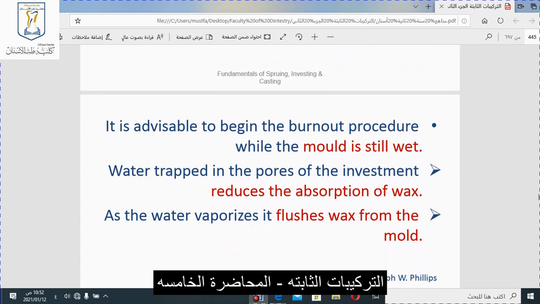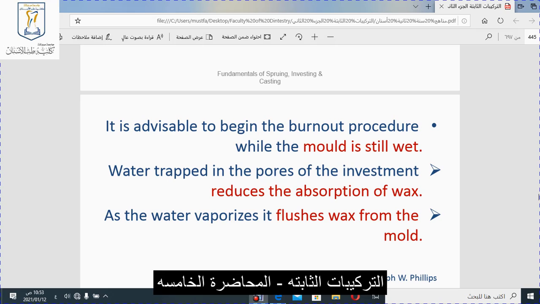It is advisable that during the burnout procedure the mold be wet. If the mold is not wet, the wax will go through the pores inside the investment or through the fins and close them.